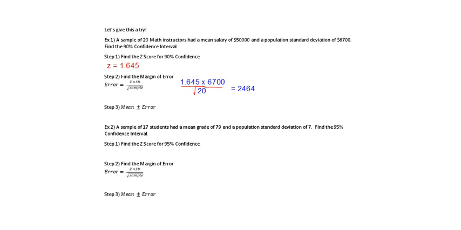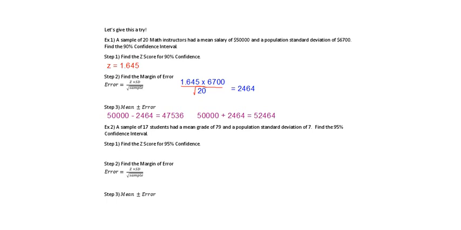So let's take a look. So first we'll do 50,000 minus 2,464. And that's equal to 47,536. Next, we will do 50,000 plus 2,464, and that's equal to 52,464.